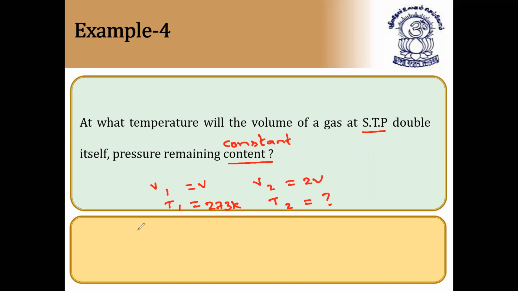Even if they are given in degrees C, you can find the temperature in kelvins, and then convert them into degrees C. So for this, by applying Charles' law, V1 by T1 is equal to V2 by T2.